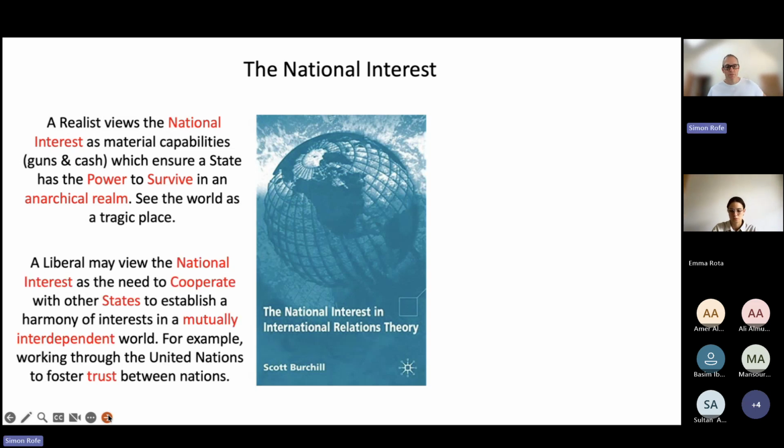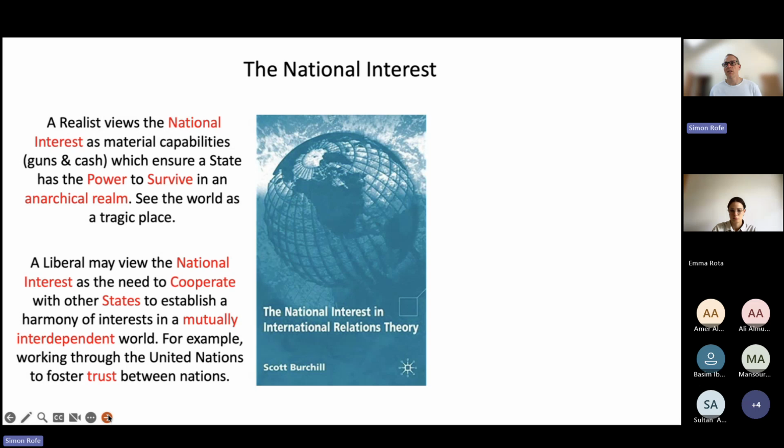A liberal view of national interest sees the benefit of cooperation and the mutually interdependent world that we exist or may exist in. So it suggests that national interests are things that can be written across time, space, and culture.